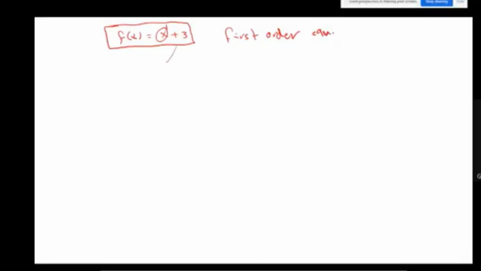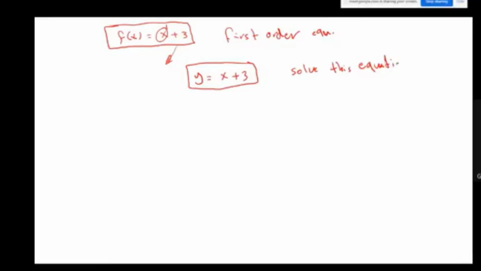If I want to solve this, what do I mean by solving this equation? y equals x plus 3. This is the same equation. If he says solve this equation, what does he mean?